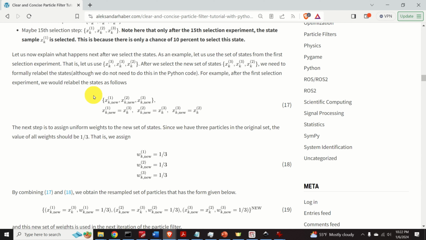The next step is to define the distributions. First, we need to define the statistics of the process disturbance. That is, over here we define the mean vector and the covariance matrix of the process disturbance vector denoted by wk or wk minus 1. Over here we define the statistics of the measurement noise.